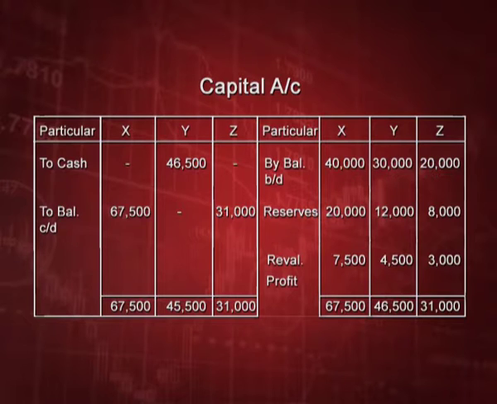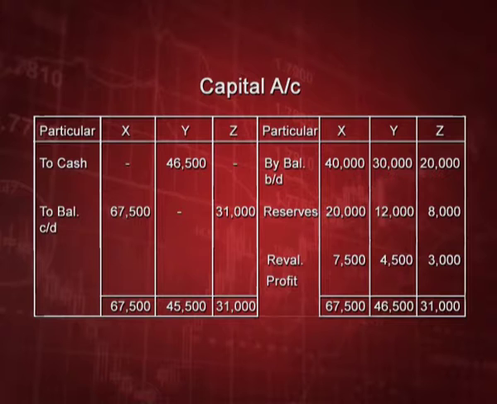In the capital account, we start with the opening balance on the credit side, X, Y, Z 40,000, 30,000, 20,000, and then reserves will be distributed 20,000, 12,000 and 8,000, and then revaluation profit will be distributed 7,500, 4,500 and 3,000.